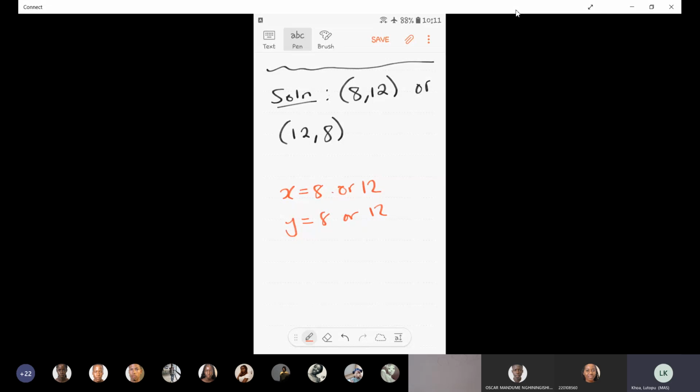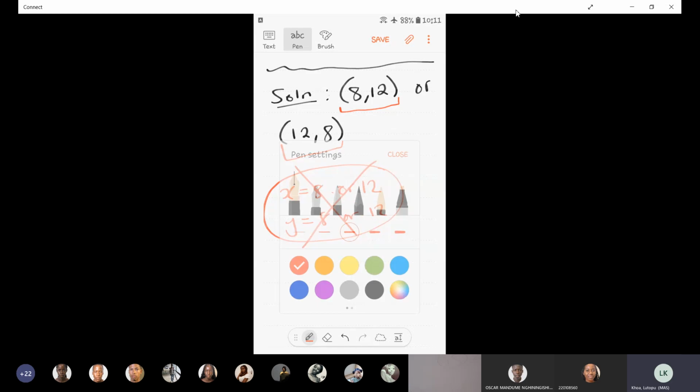So I must see that when x is 8, then y is 12, and when y is 8, x is 12. They go together. I do not want to see this, and I will not give anybody any marks for that. So you must say the two numbers are either 8 and 12, or the two numbers are 12 and 8, like that.